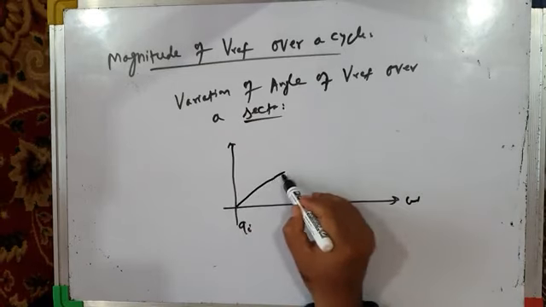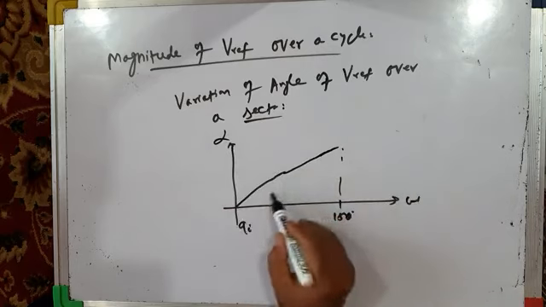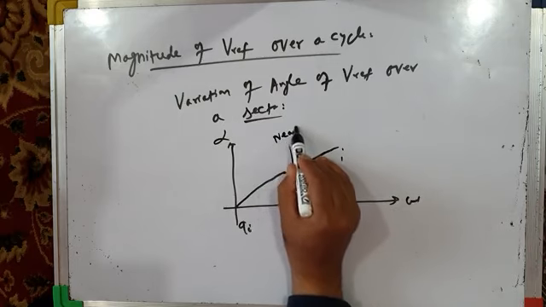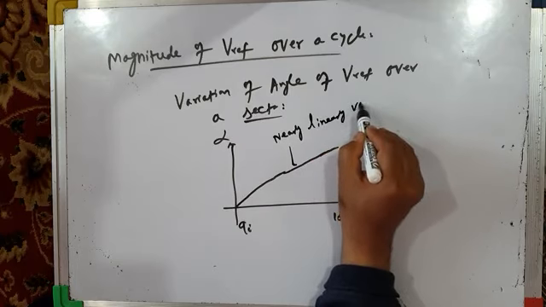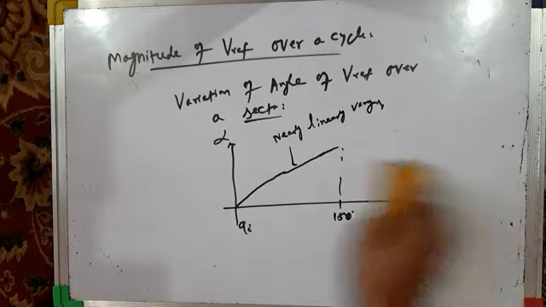There is slight variation in alpha, but it is almost linear. So it is nearly linearly varying. Let us see what type of voltage vector is applied across the load from the space vector point of view.